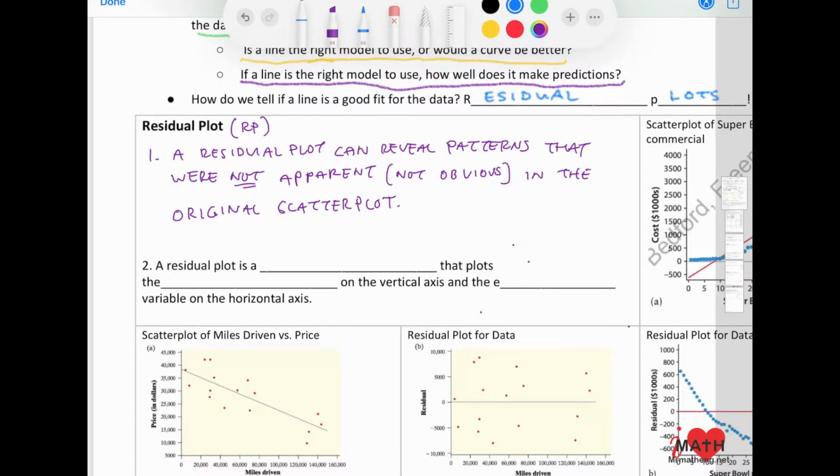What's another way of saying it? A residual plot is actually a scatter plot that plots the residuals on the vertical axis and the explanatory variable on the horizontal axis.